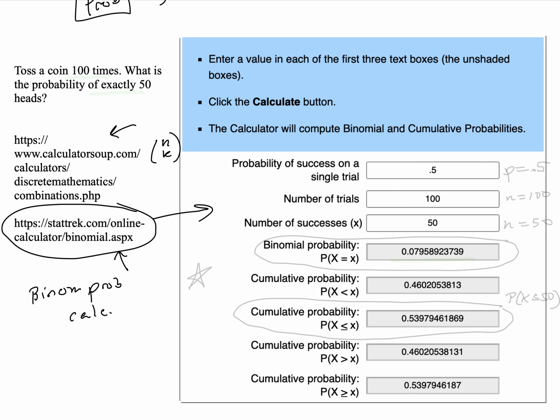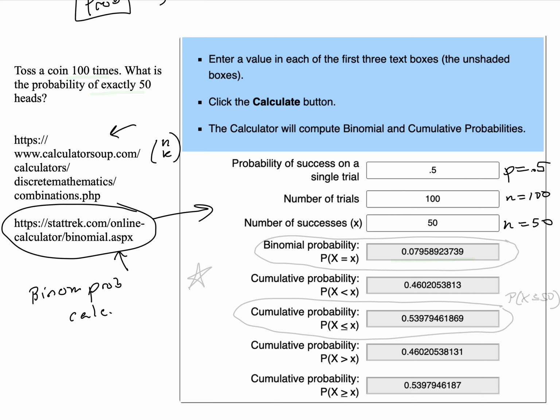So with this one, you can put in your p equals 0.5, probability 1/2 of success in a single trial. Our number of trials, our number of coin flips, n equals 100. You can put in the number of successes you're interested in, 50. And then it will calculate each of the probabilities we're interested in.